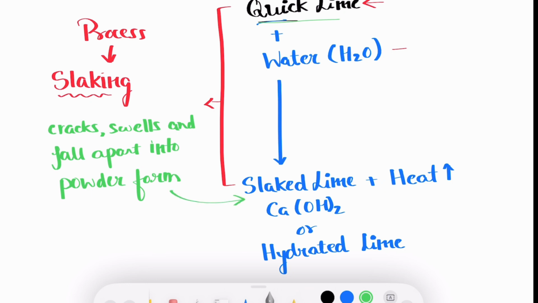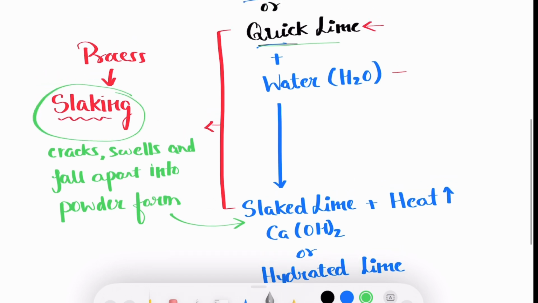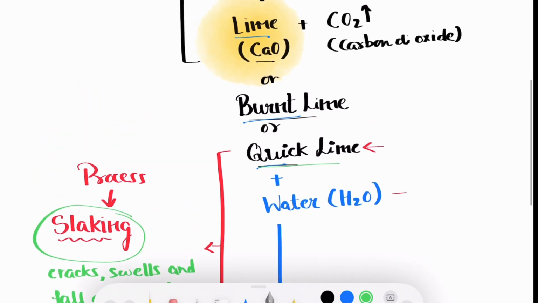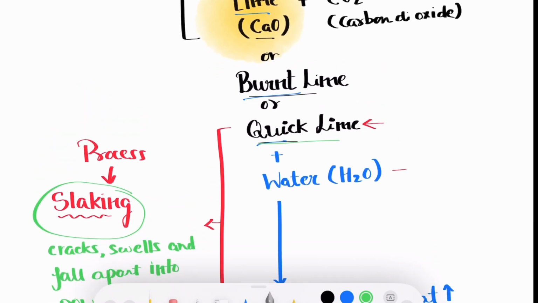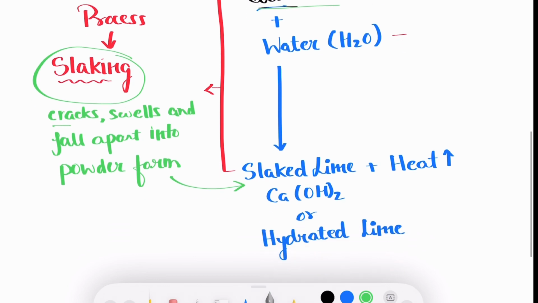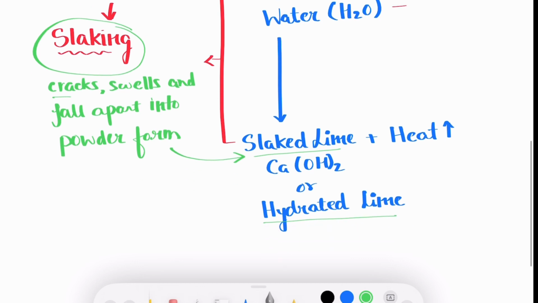So this whole process is called slaking. Slaking is a process by which we get the slaked lime by addition of water to the lime, also called quicklime or burnt lime. During this process, the lime swells, cracks, and falls into powder form. Okay, so this is called slaked lime, also called hydrated lime.